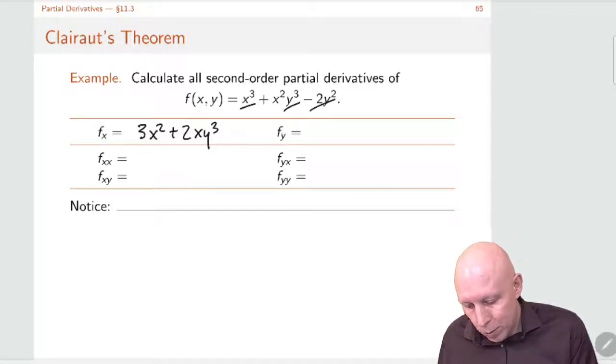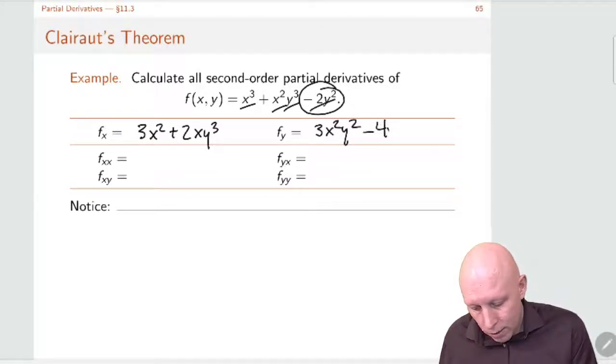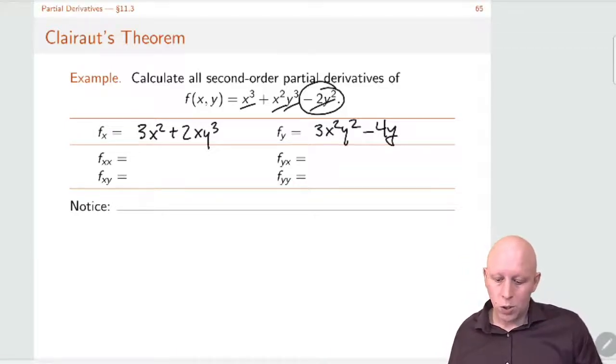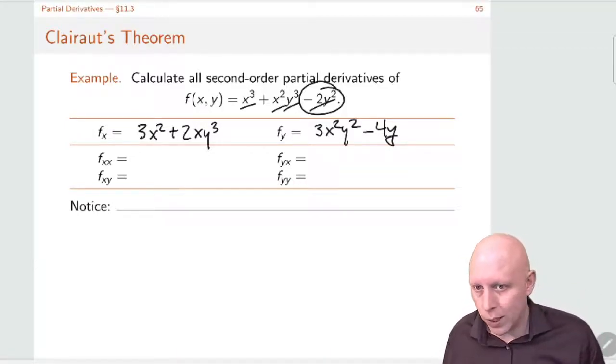Then the derivative with respect to y, we get 0 plus, now x squared is a constant, 3x squared y squared, and the derivative of the last term is negative 4y. So those are the first order partial derivatives.